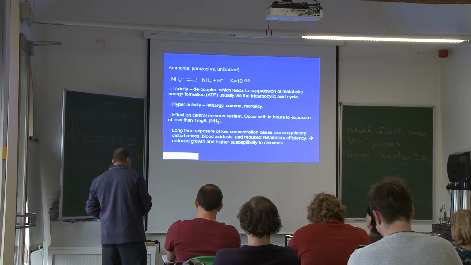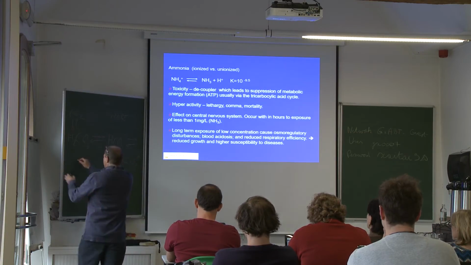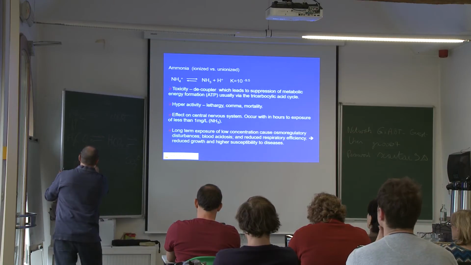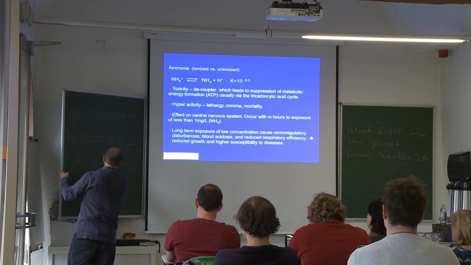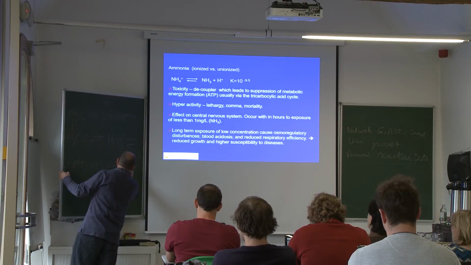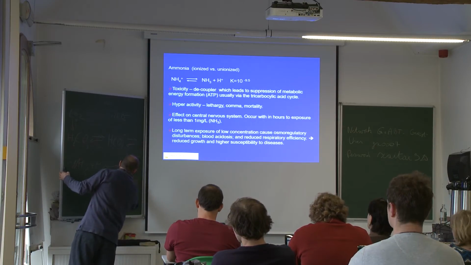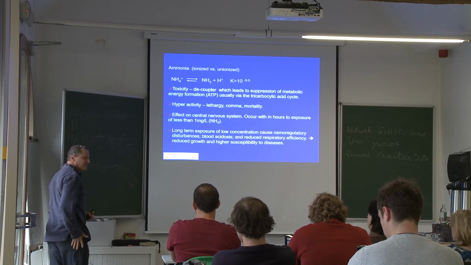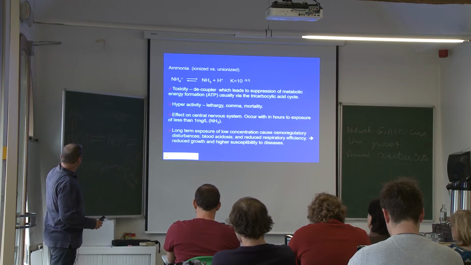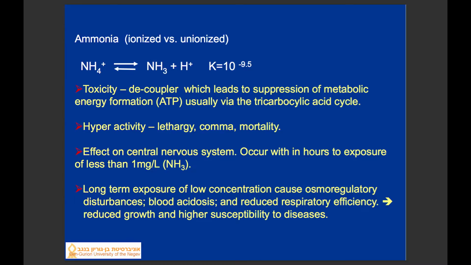So what happens is that NH3 reacts with water and turns into NH4 plus OH ions, and alkalinity is increasing, okay? So the ion is a base. Ammonia is a base, yeah? It can often be used as a buffer. So that's how it all starts.